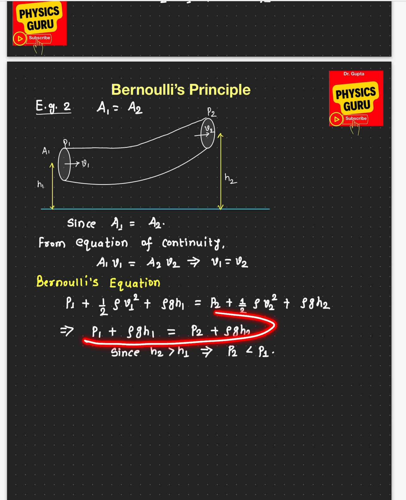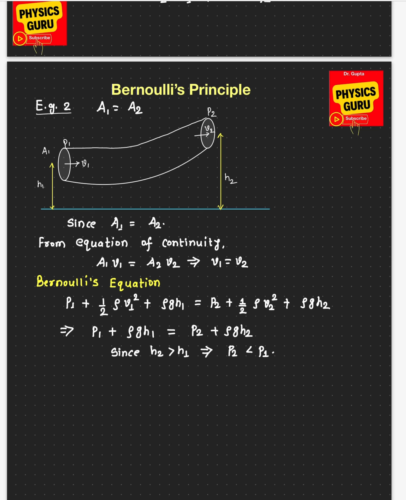And now we have this term here. If you look at this diagram, h2 is clearly greater than h1. If h2 is greater, this term must be greater. If this term is greater, then P2 must be smaller to balance each other. So we see that P2 at this point is smaller than P1.